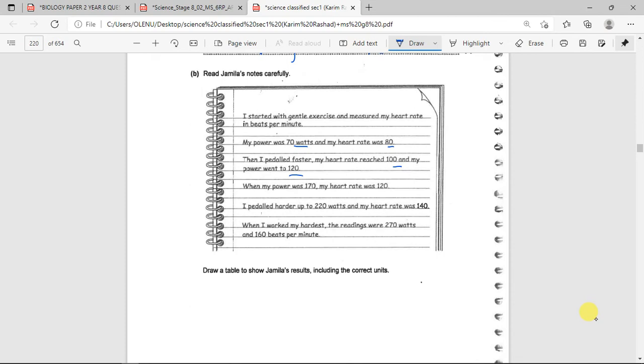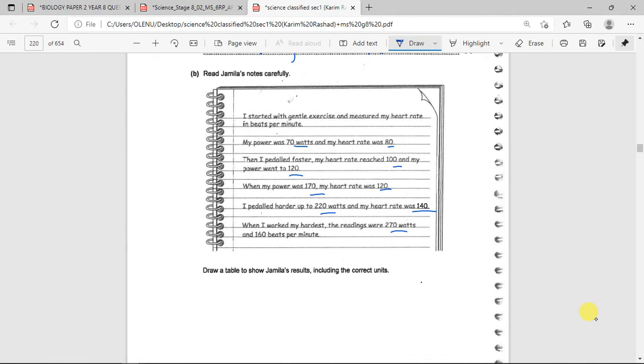When my power was 170, my heart rate was 120. And I pedalled harder up to 220 watts and my heart rate was 140. When I worked my hardest, the readings were 270 watts and 160 beats per minute. Draw a table to show Jamila's results.